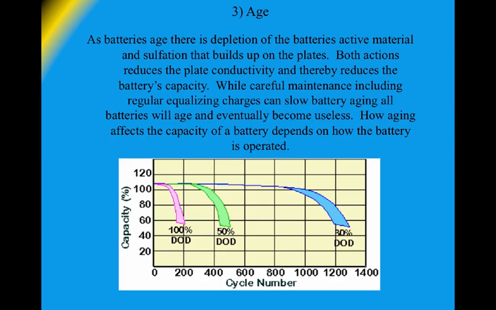We can see in this chart, just roughly speaking, for this company's battery, we're looking at getting upwards of 1,200 cycles at a 30% depth of discharge versus roughly 450 to 500 cycles if we're going to 50%, and only about 180 cycles if we go to 100% depth of discharge.